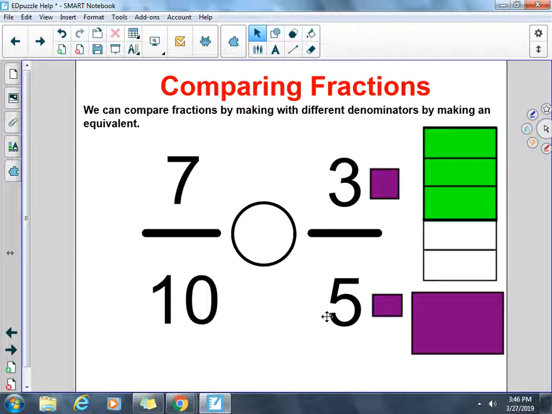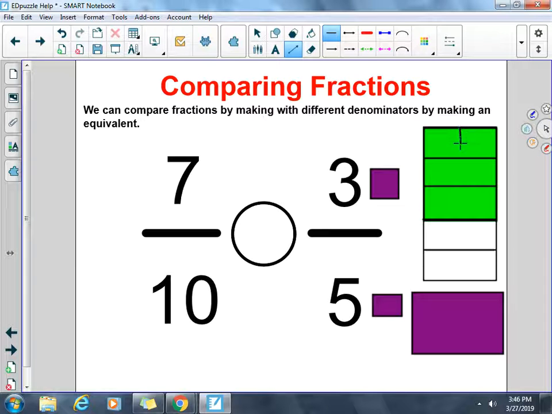But what I can do is make one of these an equivalent fraction to see if it makes it easier to compare. So for example, I've got 3/5 here, and I know that I can change fifths into tenths. If I'm looking at my model here, I can do that by doubling every piece.